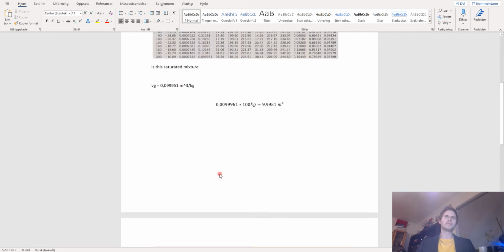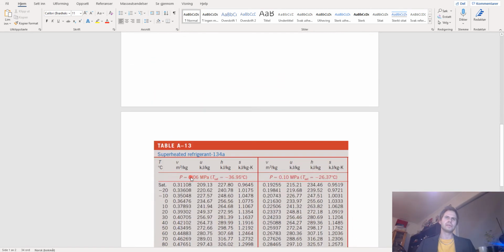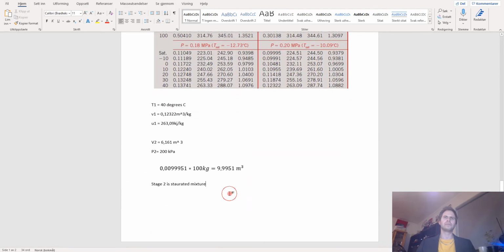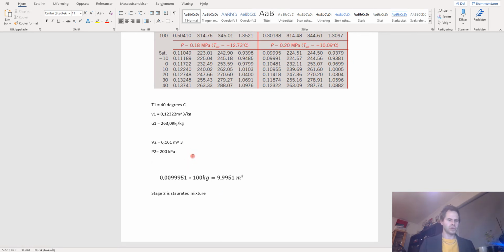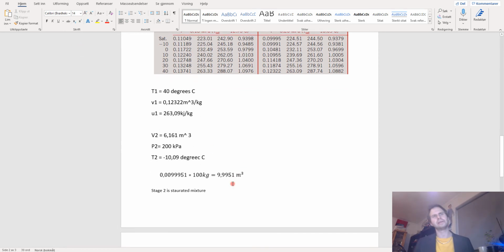Which means that the temperature is negative 10.09. We can write that up here for order. T2 is negative 10.09 degrees Celsius. I want a little bigger text.